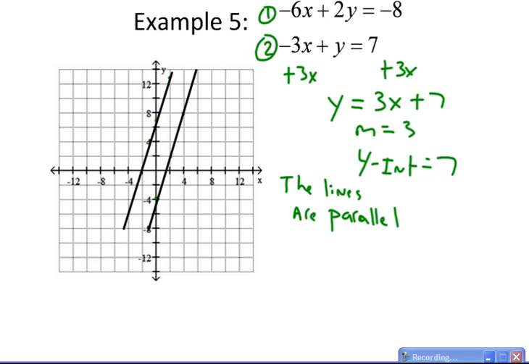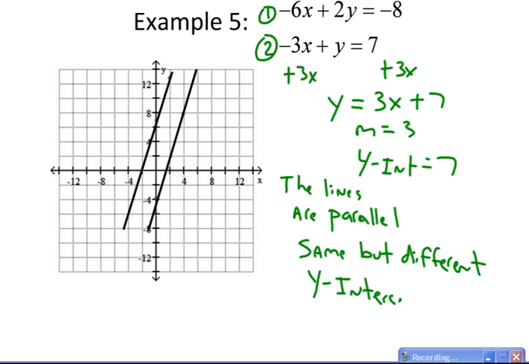The same slope, but different y-intercepts. So that means they're parallel.